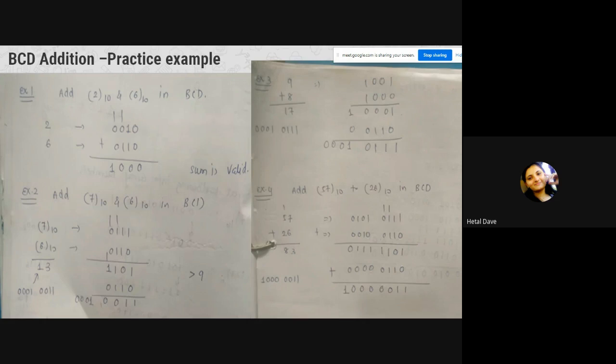Is it visible? Not visible. Write down: add 57. Don't look here, I am going to tell you what you need to do. Add 57 to 26. Both numbers are in decimal. You need to do the addition in BCD.